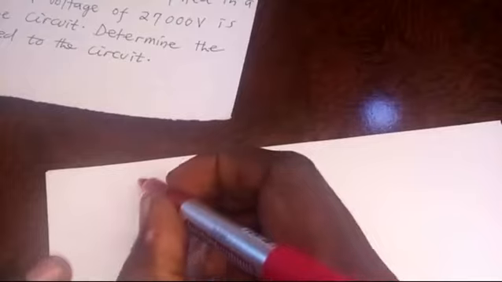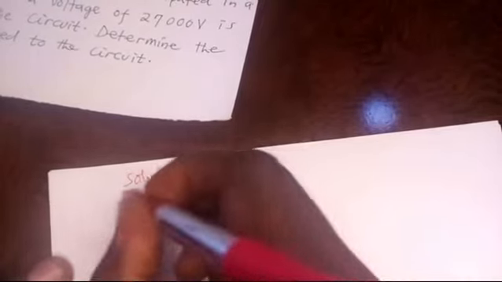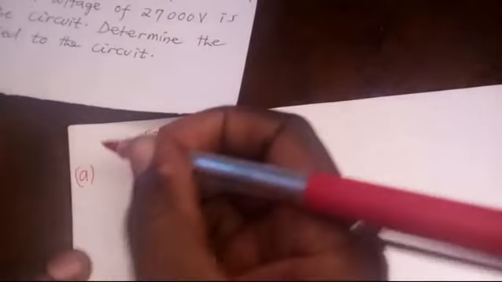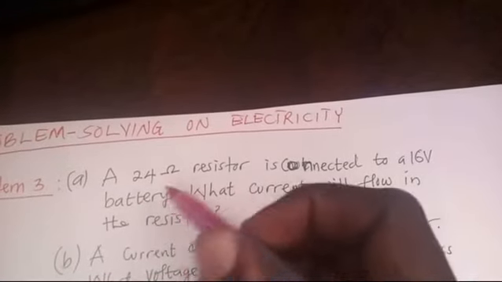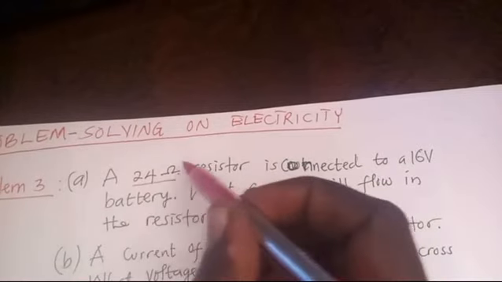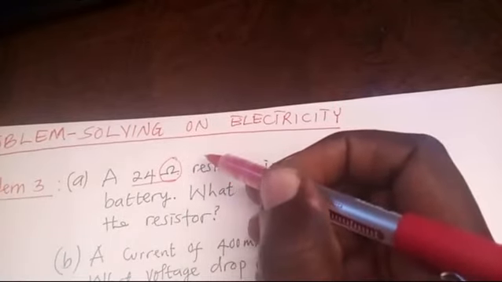Okay, let us give it a start. We write solution. Solution. A, let me bring that back. If you read problem A, it says a 24 ohm resistor. Okay, ohm, from the unit ohm, this unit is the unit of electrical resistance.